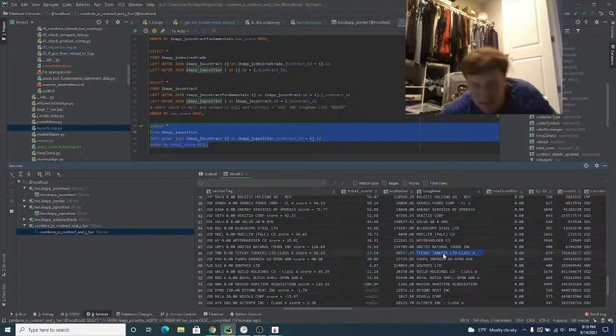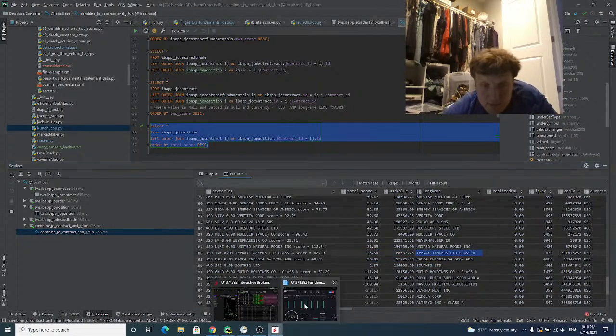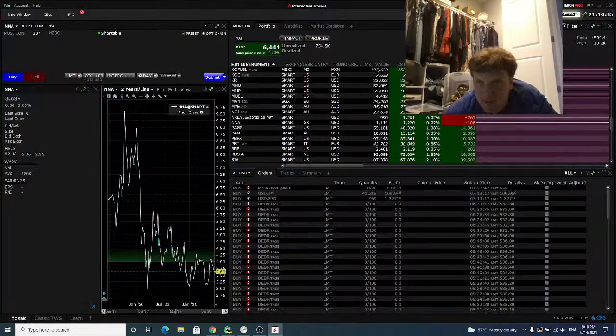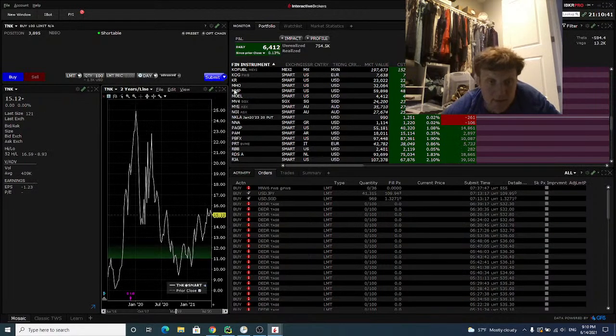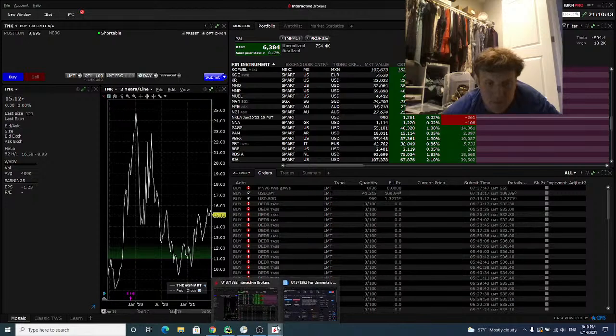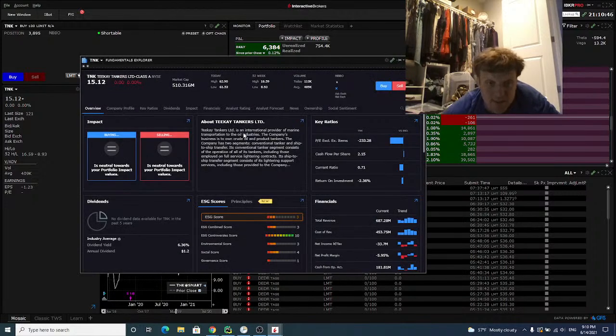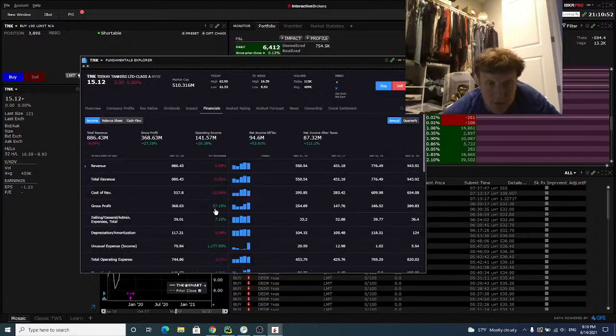TK Tankers is another one, like Navios Maritime, that got hit by the pandemic. And just people hate these big shipping companies at this point. But I think that there's some potential. I made money on them a little bit. We'll take a look at it. International marine transportation for crude oil.